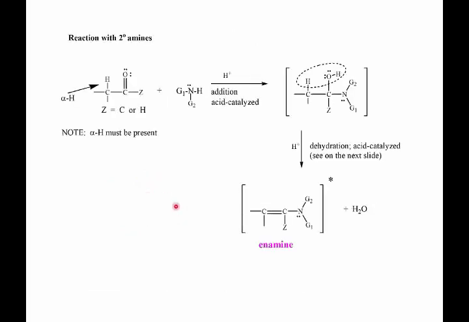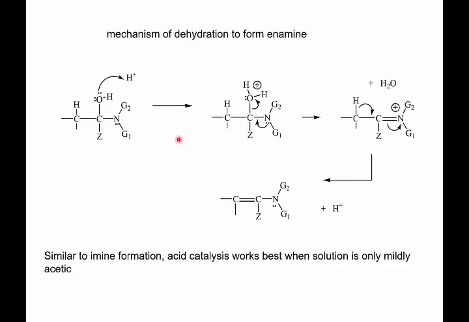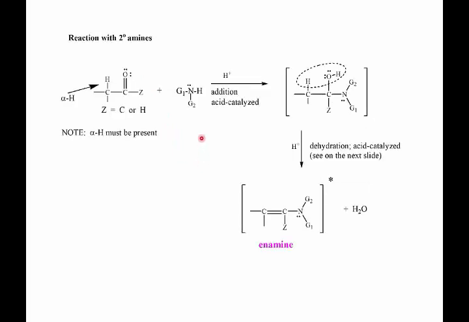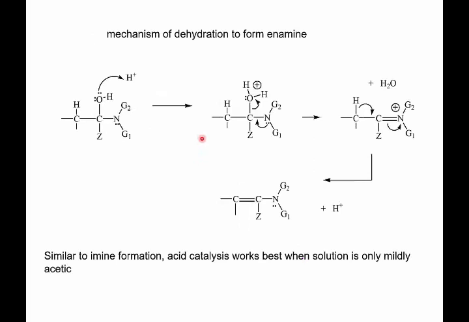Now let's look at the mechanism of the reaction with secondary amines. Well, the first step in the mechanism is pretty much the same as with the primary amine. H+ from the acid catalyst, and by the way, I mentioned that the same thing holds here, that you have to control the amount of acid.